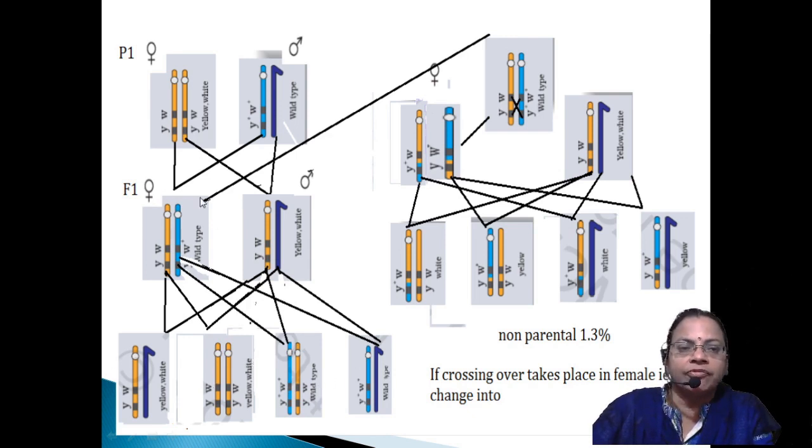And this is F1 into F1. That means it is equivalent to a test cross ratio. F1 is heterozygous dominant and the male partner is recessive. Yellow white is the recessive and brown red is the wild type, that means the dominant.